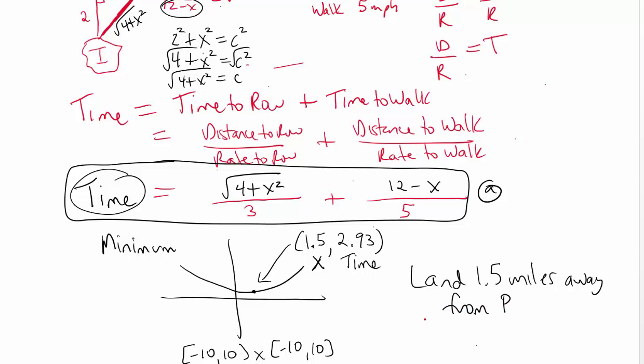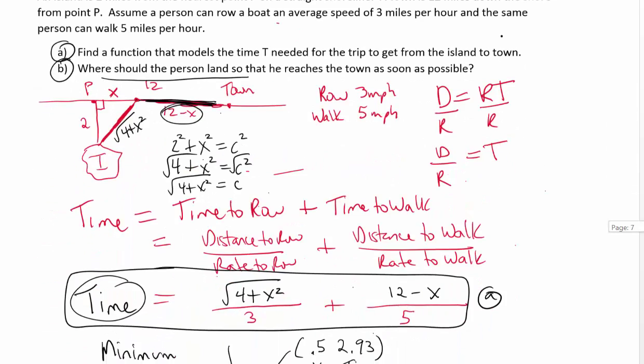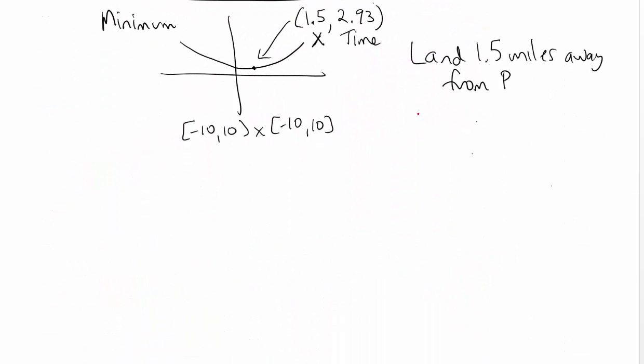You could also say if I'm landing 1.5 miles away from P, that means that I'm 10.5 miles away from town. So it kind of depends on how you want to word it. So you could also say that you need to land 10.5 miles from town. Either answer would be correct.